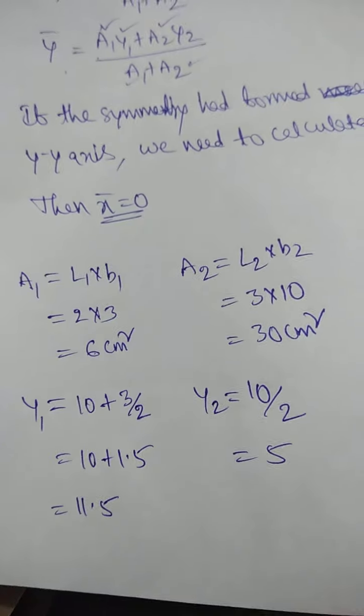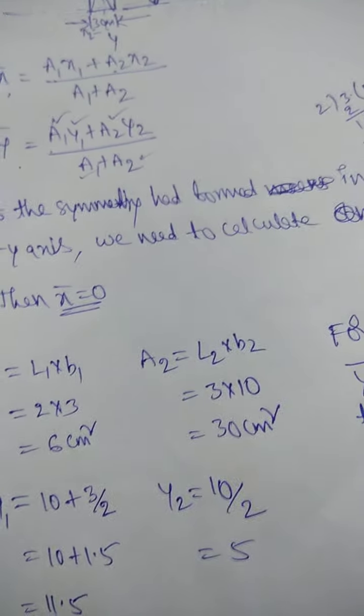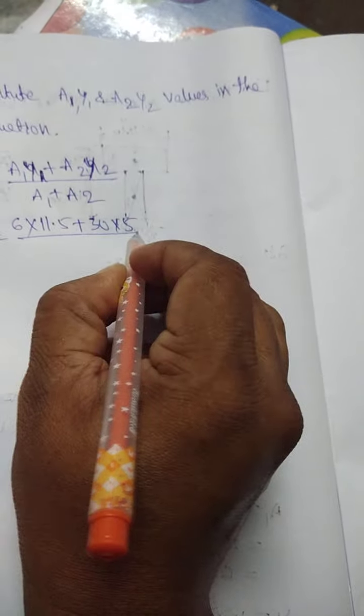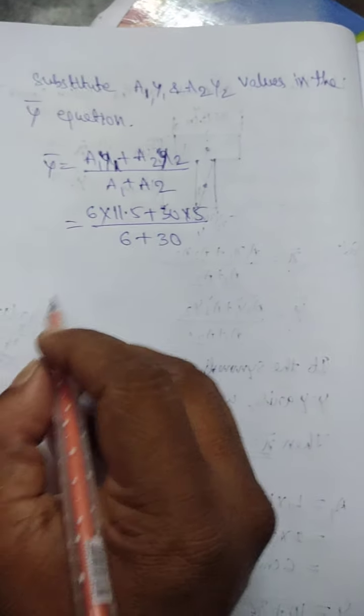We have a1 equal to 6 centimeter square, y1 is equal to 11.5, plus a2 is 30 centimeter square, into y2 which is 5, divided by a1 is 6 plus a2 is 30.